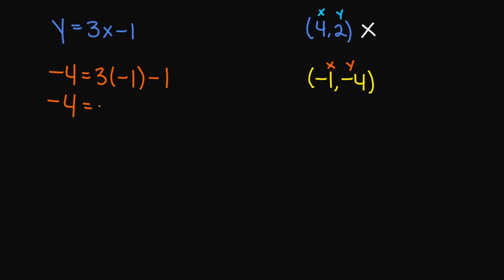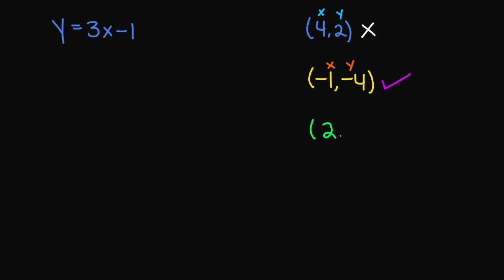This is going to give you -3 minus 1. On my left side again, you're going to get -4, and then my right side, -3 minus 1, this is going to equal -4. So -4 equals -4. So yes, this is a solution. (-1, -4) is a solution.